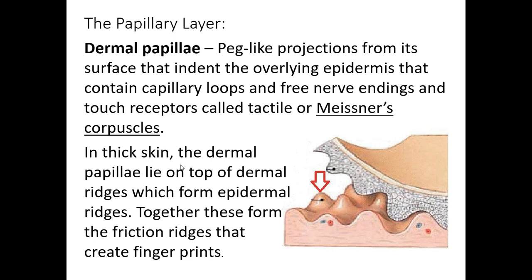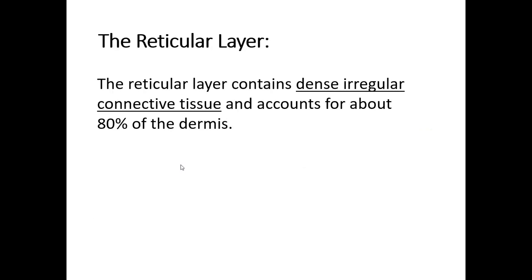They indent the overlying epidermis and contain capillary loops, free nerve endings, and touch receptors that we refer to as tactile or Meissner's corpuscles. In thick skin, the dermal papillae lie on the top of the dermal ridges, which form the epidermal ridges. Together, these ridges provide friction that create our fingerprints.